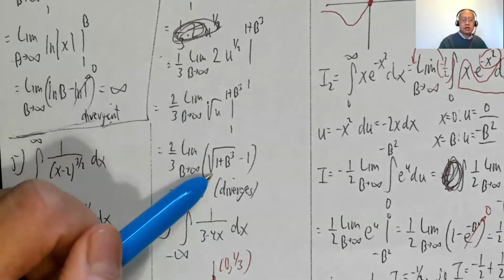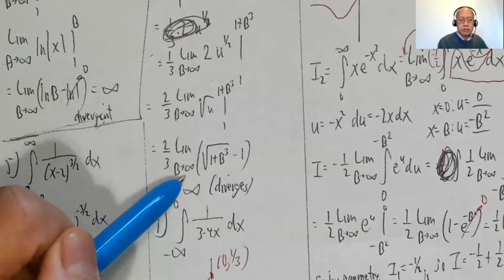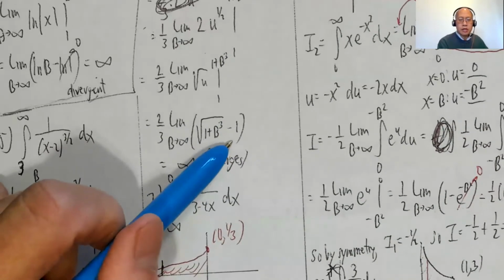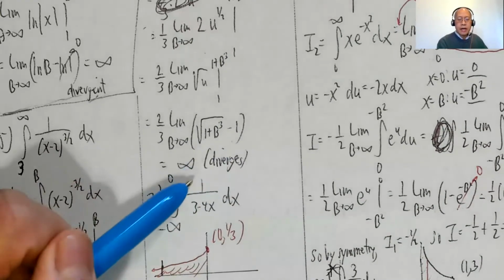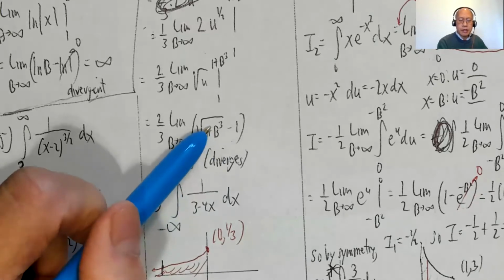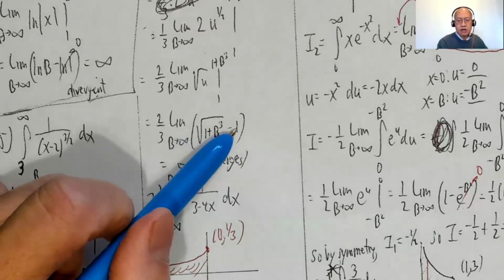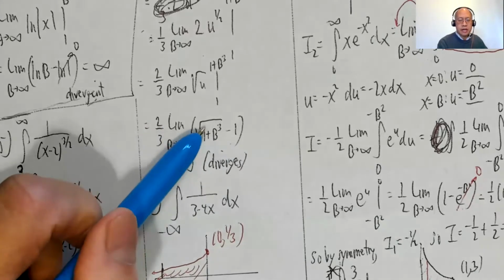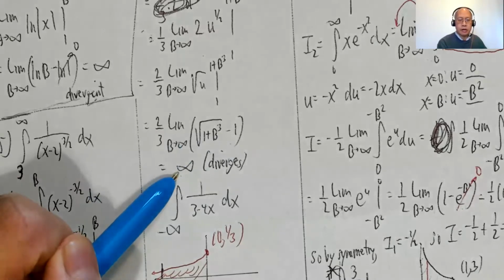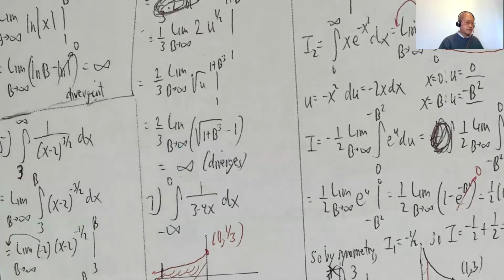Plug in 1 plus b cubed: 2/3 limit as b approaches infinity, radical 1 plus b cubed, minus plug in 1, square root of 1 is 1. Okay, and this approaches infinity. If I plug in a super big number, this is big. Take away 1, it's still big. 2/3 of big is big. So the limit approaches infinity. So this integral diverges. We get an infinite amount of area. You get all the area that you wish in this case.